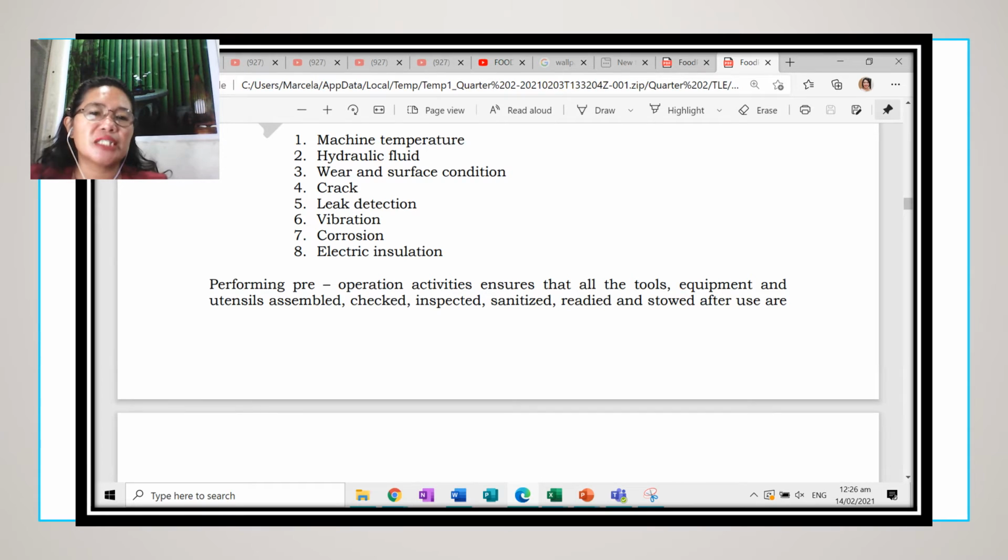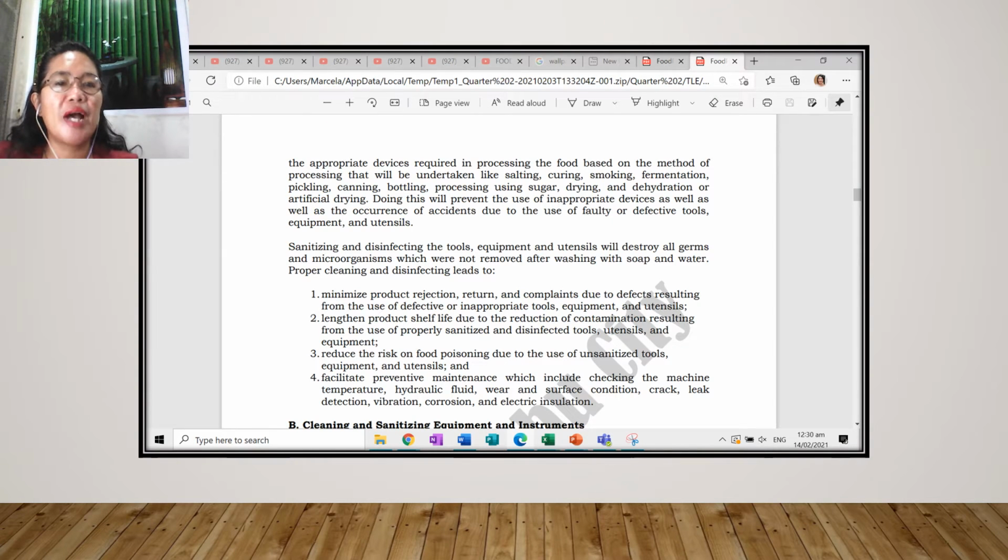Performing pre-operation activities ensures that all the tools, equipment, and utensils are assembled, checked, inspected, sanitized, readied, and stowed after use, and are the appropriate devices required in processing the food based on the method of processing that will be undertaken, like salting, curing, smoking, fermentation, pickling, canning, bottling, processing using sugar, drying, and dehydration or artificial drying.